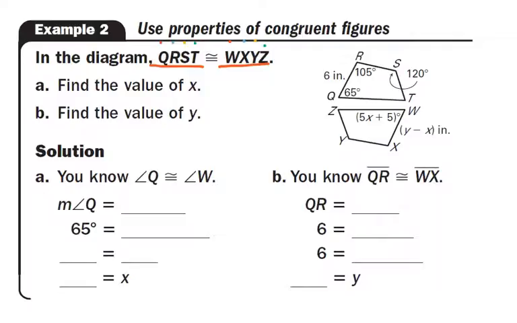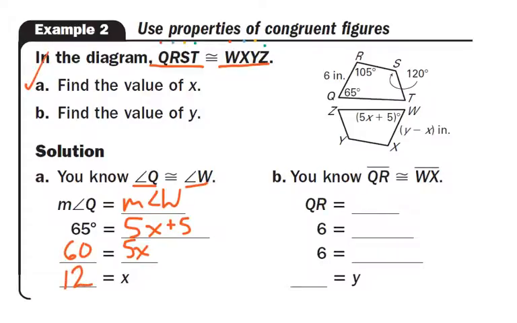So we know from this that Q and W are corresponding parts, so they will be congruent. So the measure of angle Q equals the measure of angle W. Substitute, the measure of angle Q is 65 degrees. So the measure of angle W is 5x plus 5. We just need to do a little bit of algebra here. Subtract 5, and then divide by 5, and we get x is equal to 12.